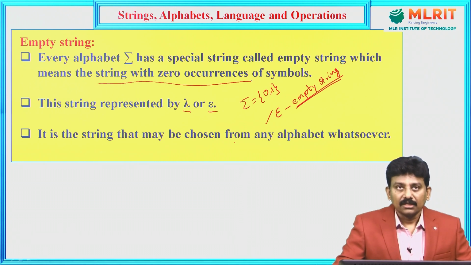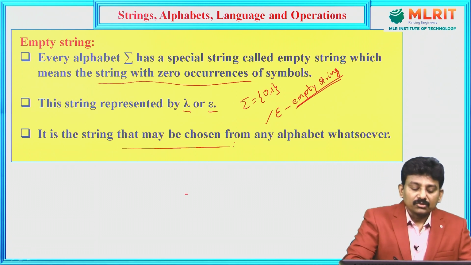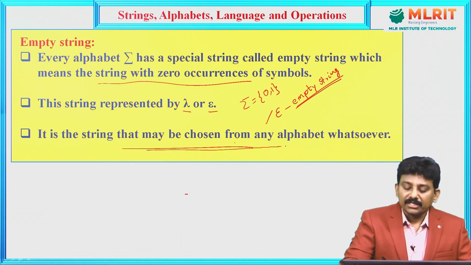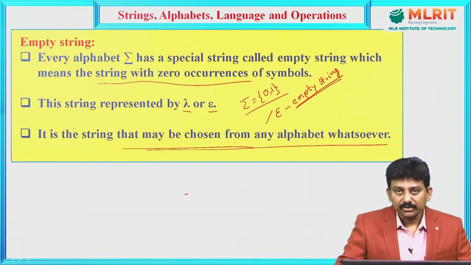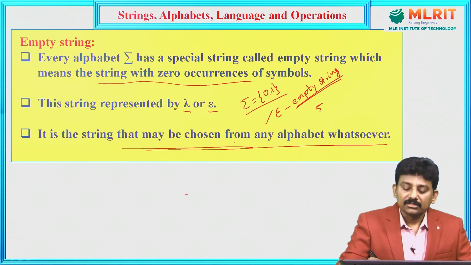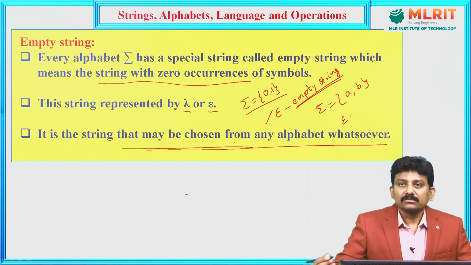If there is 0 occurrence of symbols, that is called epsilon, and epsilon can be taken from any alphabet. The empty string may be chosen from any alphabet. If sigma is equal to 0, 1, we can take epsilon from that, because epsilon is the empty string. Or if sigma is A, B, we can get epsilon from sigma A, B.